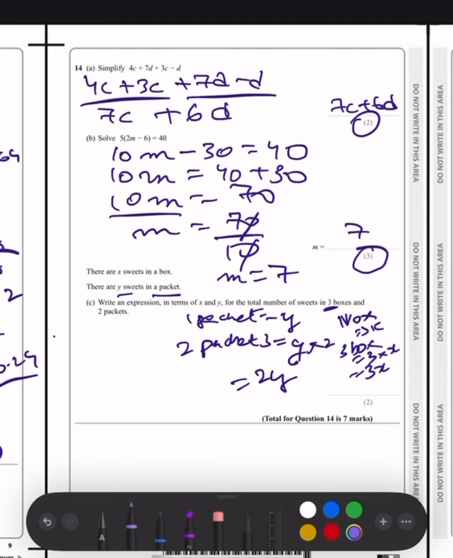And here, because we've been asked for the total number, how do we know when it's a total? We add them up. So our equation would be simply 3x plus 2y. This is a 2-mark question. First mark for both of these steps, and then the second mark for doing 3x plus 2y, and that's your answer. Simple.